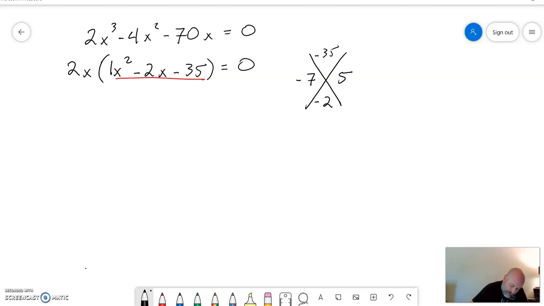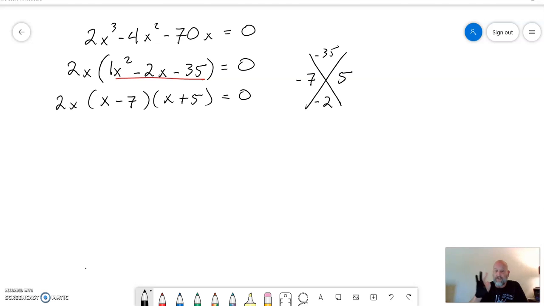And since we have a 1 as a leading coefficient here, I can jump straight to the double bubble. So I have 2x, right? That guy's just dropping down. And then we can throw our double bubble in here. It will be x minus 7 and x plus 5. And that whole business is set equal to 0. Now, in this case, we have three factors again. All of them have an x to solve for.